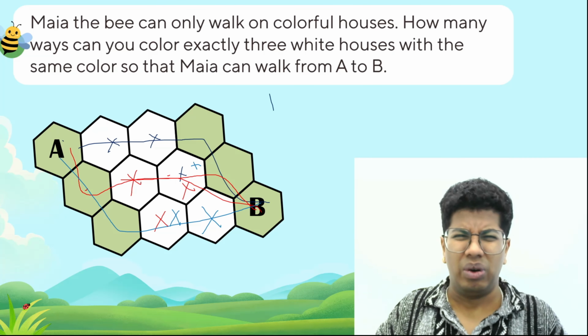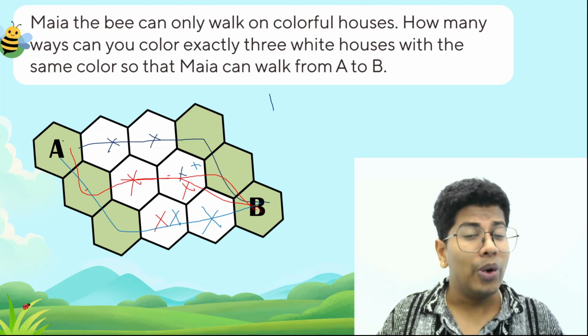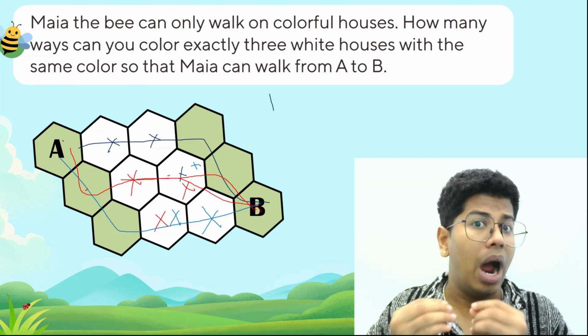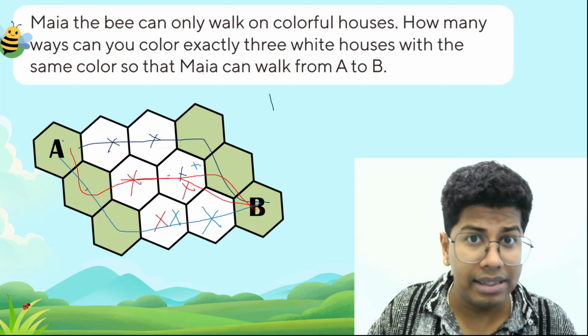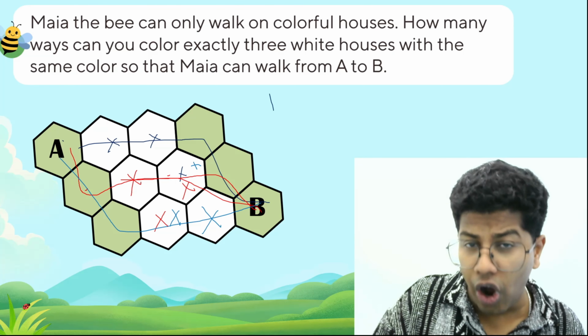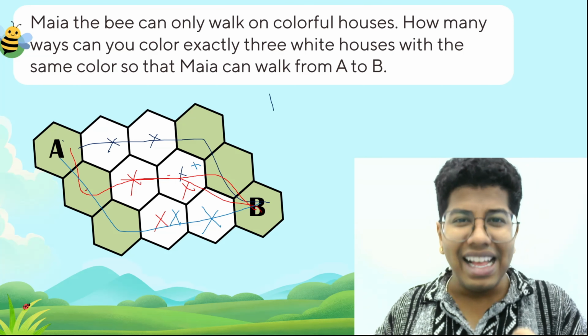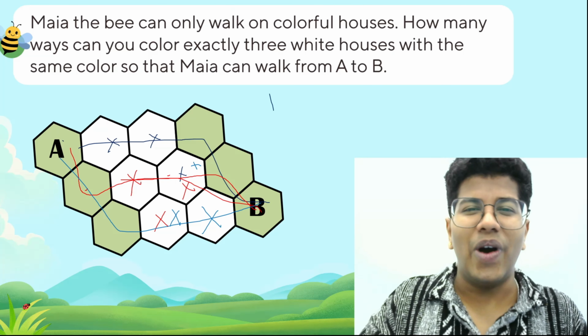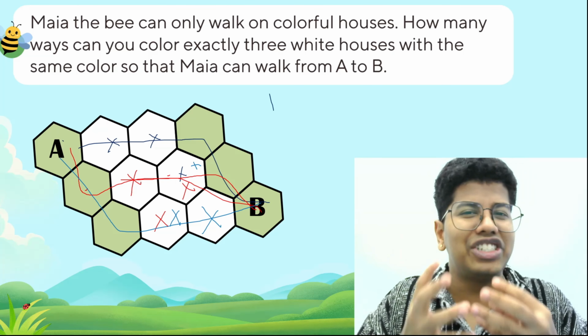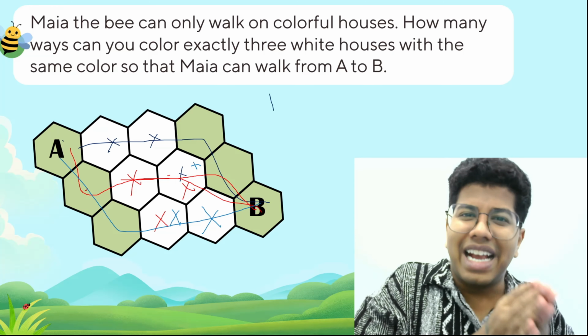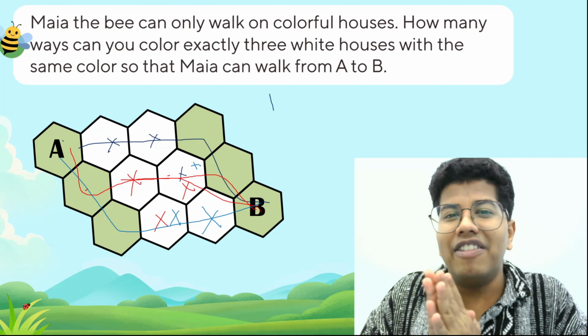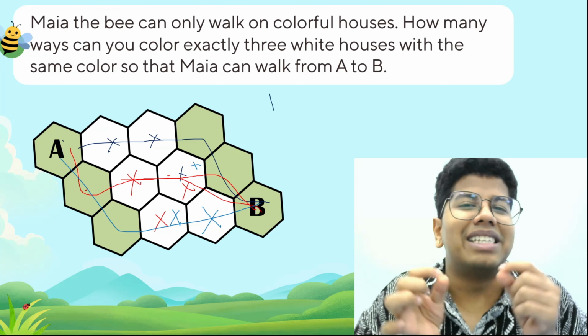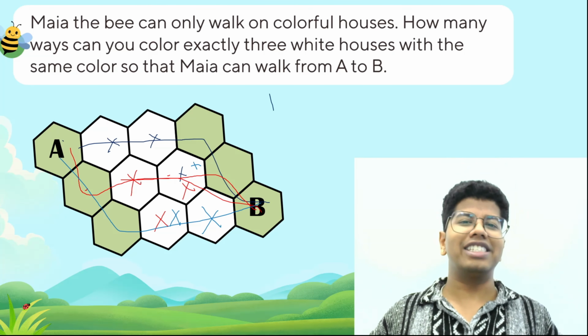I can miscount or double count. So if I randomly start counting the 3 colors, I may not be assured that the answer that I get is accurate or not. So let's just see how we can count that the bee can travel from A to B using a systematic way. Let's try to figure this out.